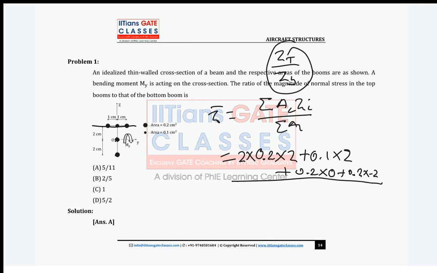So it is 3 into 0.2 or 4. Not 3. How many bigger booms? One, two, three, four. So there are 4 bigger booms. So 4 into 0.2, then plus 1 small boom.